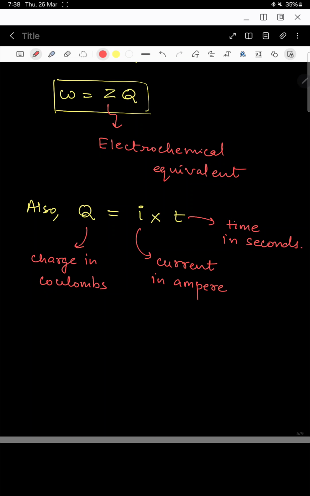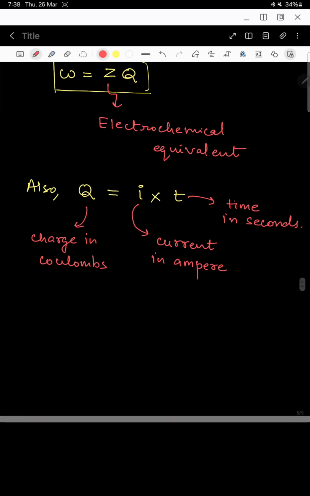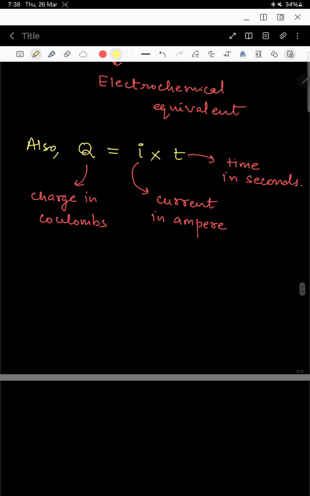So Q, that is charge, is equal to current into time. The units also you need to remember. So we can write W is equal to ZQ, which can also be written as ZIt, right?